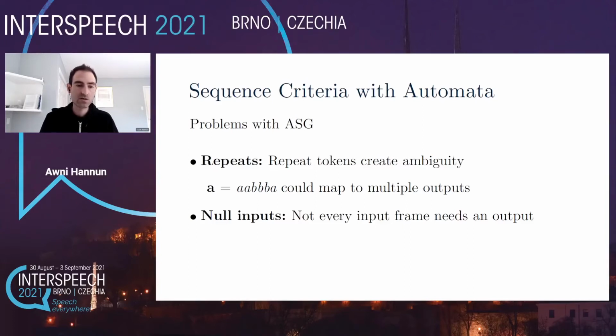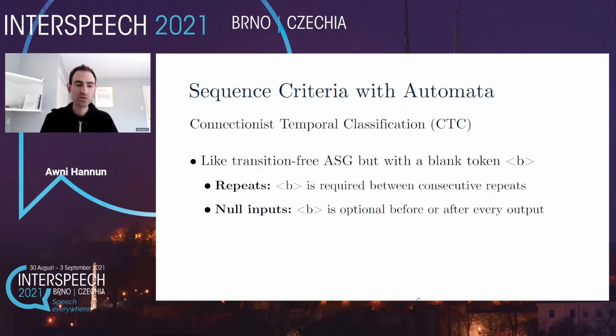And so CTC solves this problem in one fell swoop by introducing the notion of a blank token. This blank token is really the abstraction which converts transition-free ASG to connectionist temporal classification. It's the primary difference. Everything else follows from it.